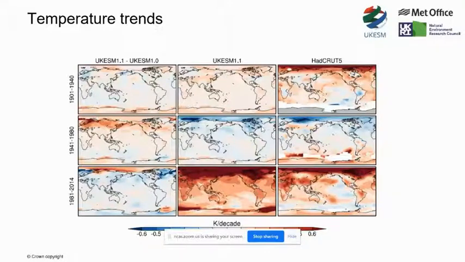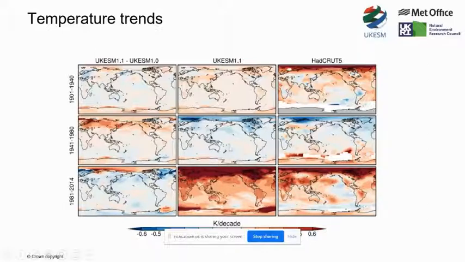This is a very nice look at the temperature trends, I thought, by Andrea Dittus, highlighting where spatially those temperature trends have changed in the model relative to UKESM1. If you look at the period of that cold bias between the 1940s and 80s, here in the middle row, you can see that 1.1 has higher warming trends than previously.